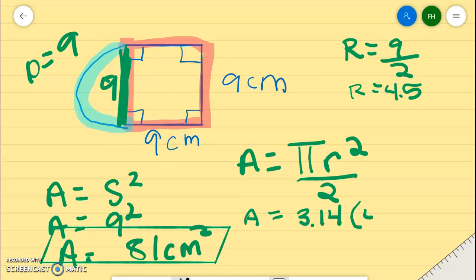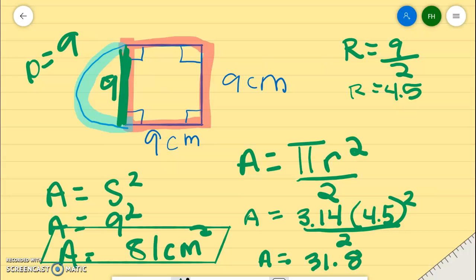So we're going to put 4.5 for r, and we're going to square it. And whatever we get, we're going to divide by 2. And I hope that y'all can use a calculator. When you do 3.14 times 4.5 times 4.5 and divide it by 2, you will get a long decimal. She rounded to the tenths place, so 31.8 square centimeters.